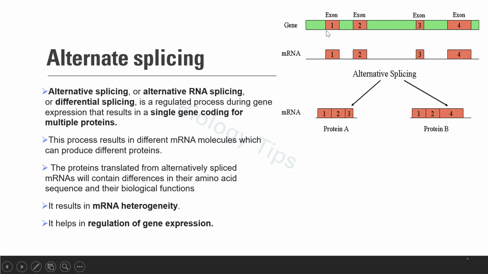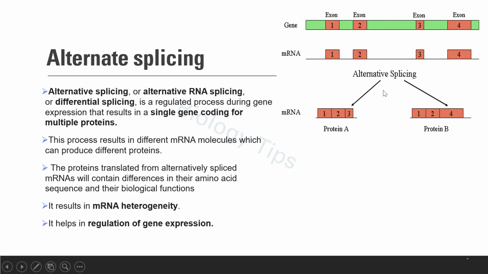So, look at this picture. Here you can see this is a gene which contains exon 1, exon 2, exon 3 and exon 4. Here you can see introns are present, right? Now, once this hnRNA is formed, at that time also you can see that we have the introns.